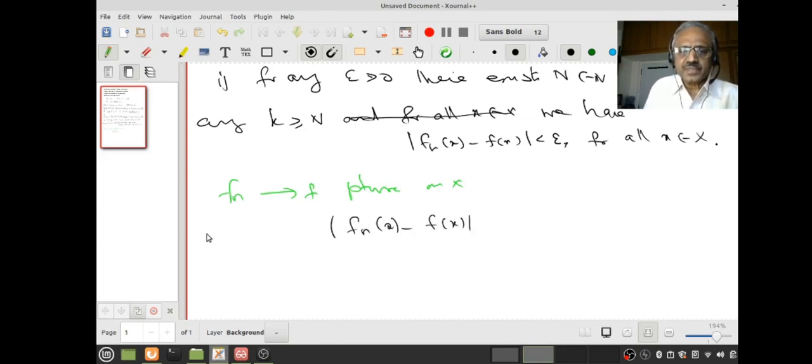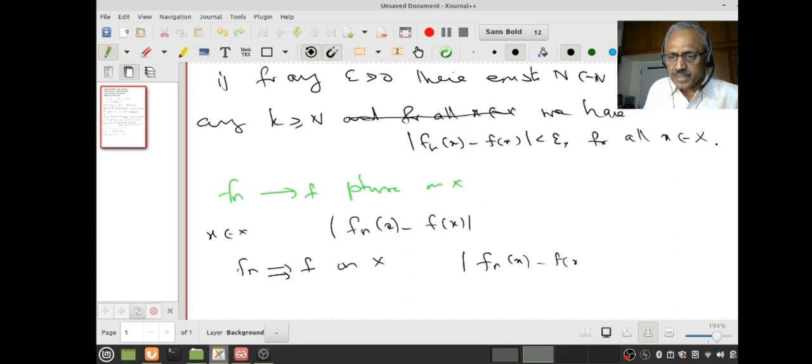Give me x, fix any x in this, I have to estimate this. This estimate may depend upon your x, but when I want to say fn converges to f uniformly on X, then I should estimate fn of x minus f of x, but this estimate should be independent of x.